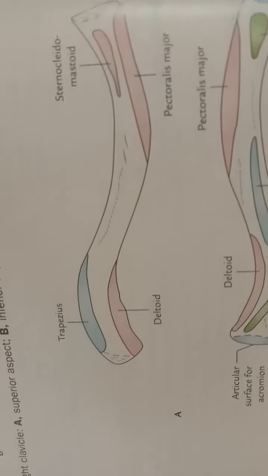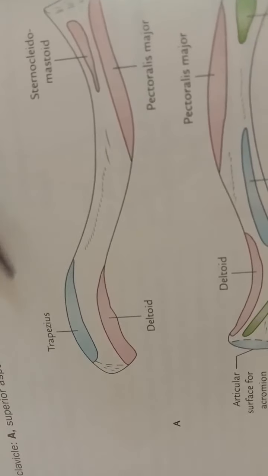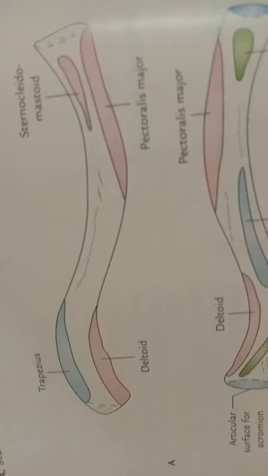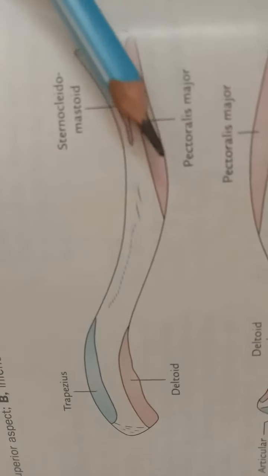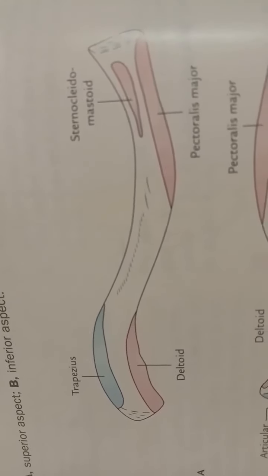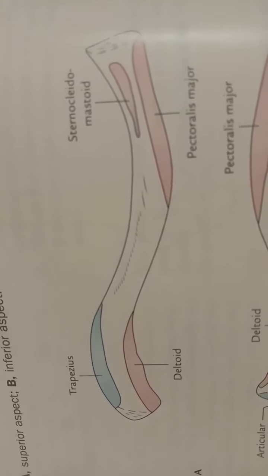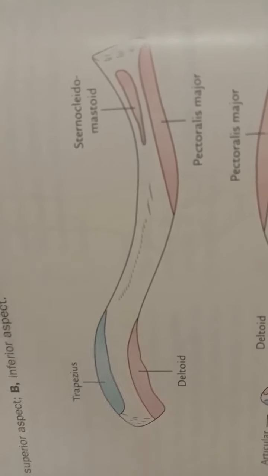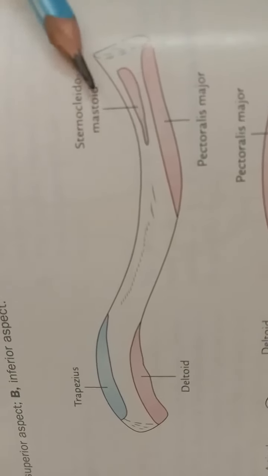Then the medial 2/3 of the shaft. Most of the anterior surface gives the origin of the pectoralis major muscle. Here you can see the pectoralis major. Then half of the rough superior surface gives the origin of the clavicular head of the sternocleidomastoid muscle.